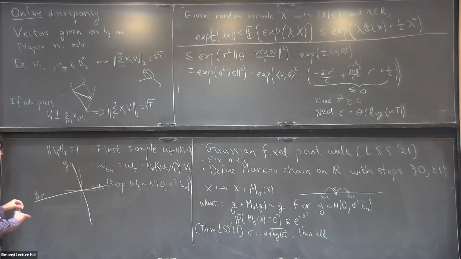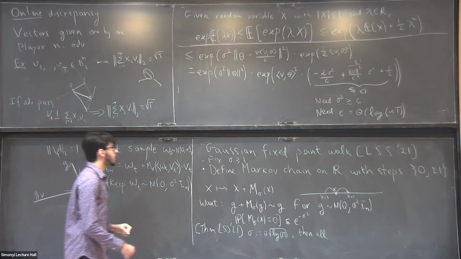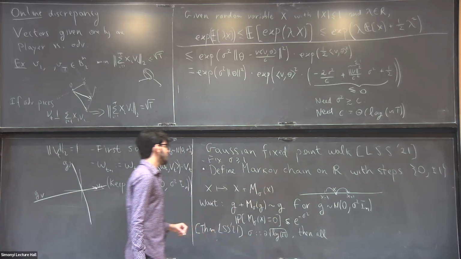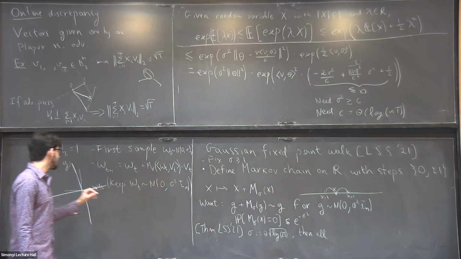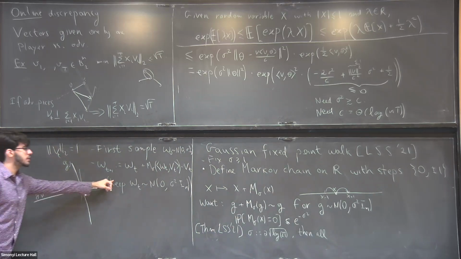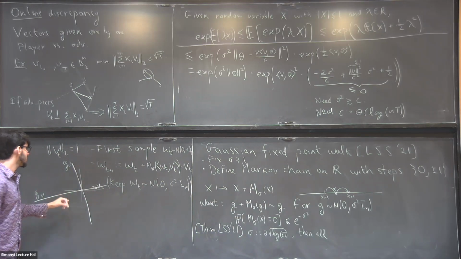So the distribution is the same as the sum of these two. And then I look at just this direction, and then I look at this Markov chain that fixes the Gaussian. And when I take a step in this direction, I actually preserve this Gaussian here. So the next position is still distributed as a Gaussian.